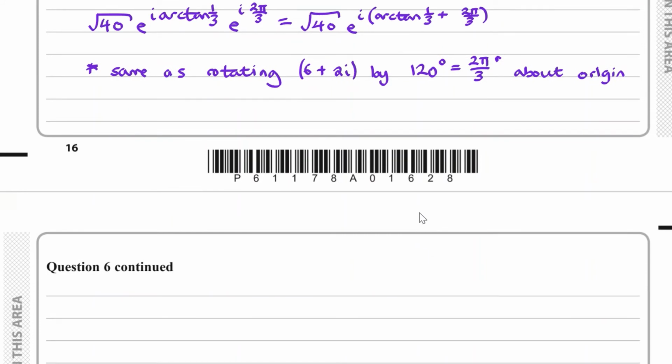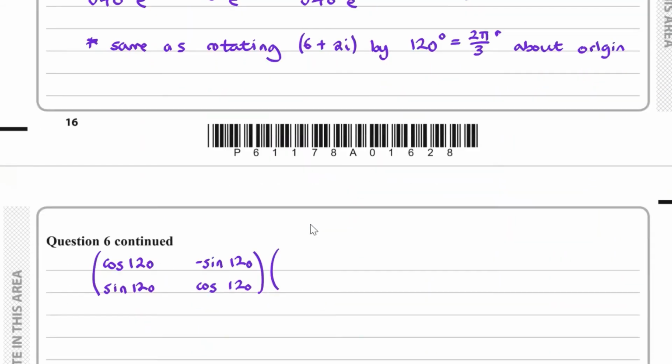So we have cos of 120 minus sine of 120, sine of 120 cos of 120 multiplied by this coordinate 6, 2.